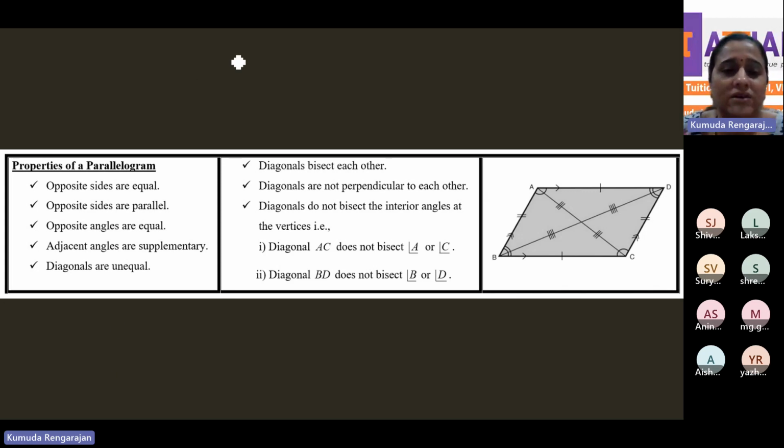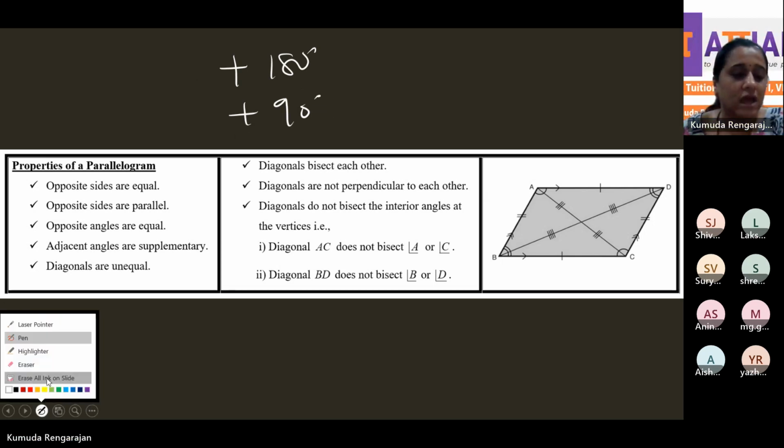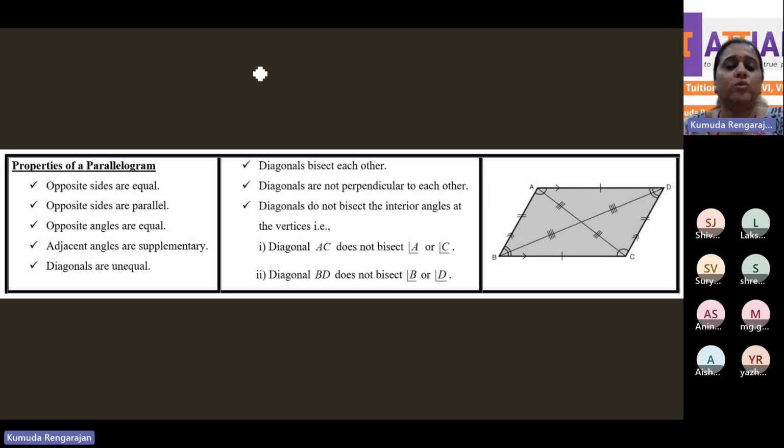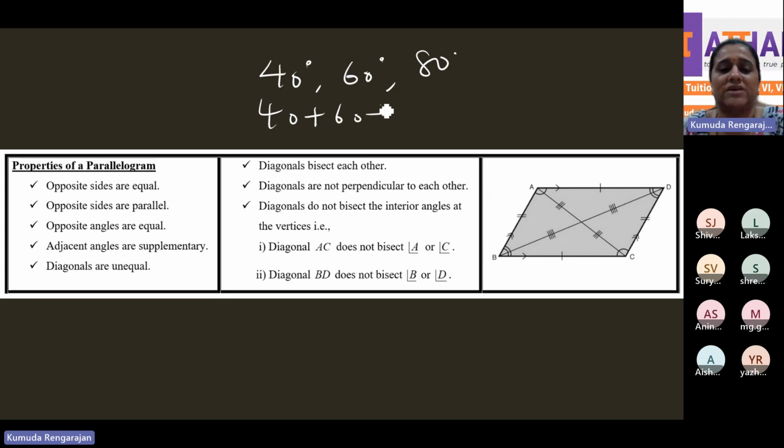Okay, so supplementary adds up to 180 degrees, complementary adds up to 90 degrees. And it's only about two angles. Now we cannot say that 40 degrees, 60 degrees and 80 degrees are supplementary angles, because 40 plus 60 plus 80 is equal to 180 degrees.